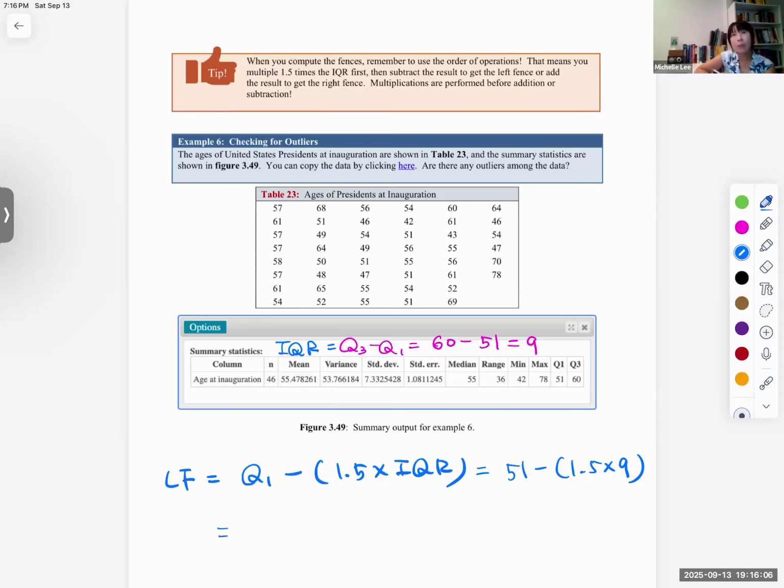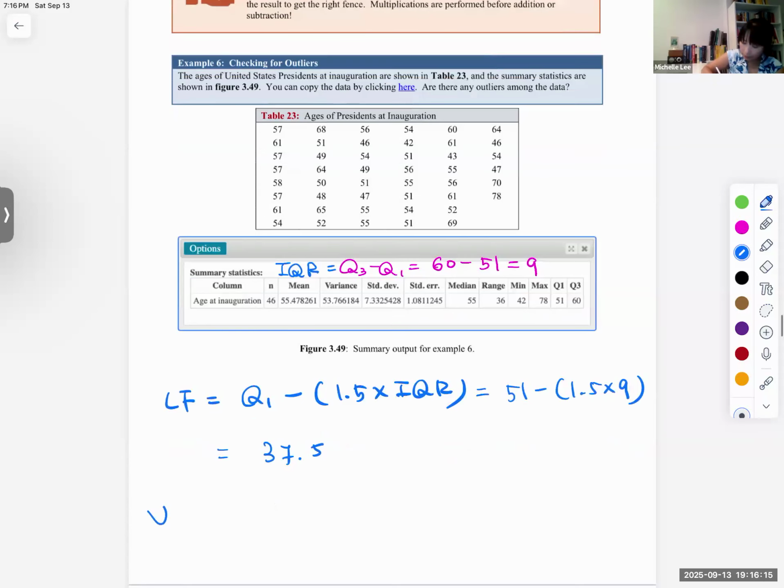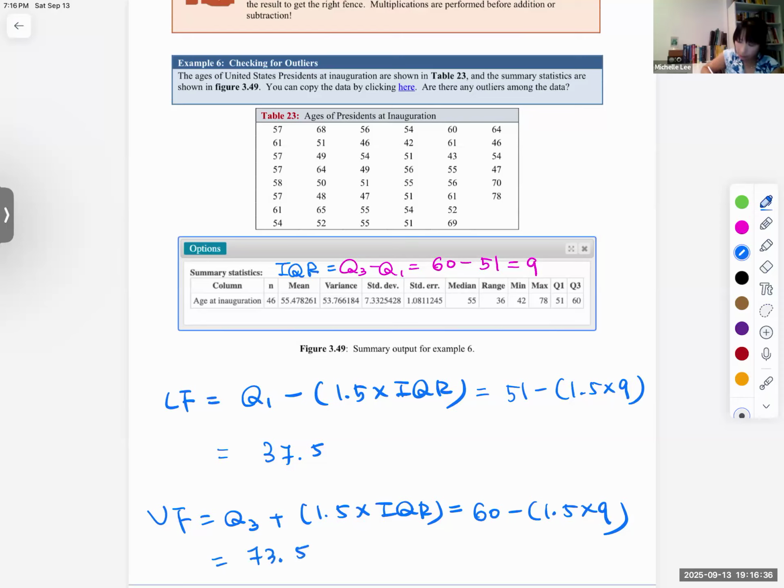So what do we have? 37.5. How about the upper fence? Q3 plus 1.5 times IQR. So Q3 is 60 plus 1.5 times 9. So what do you have? This is 73.5. Okay, let's check that.